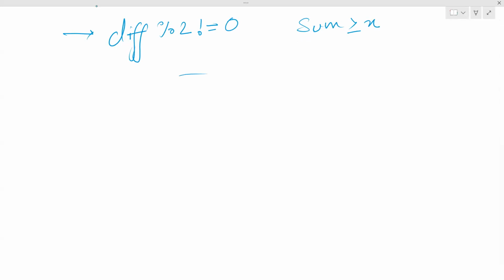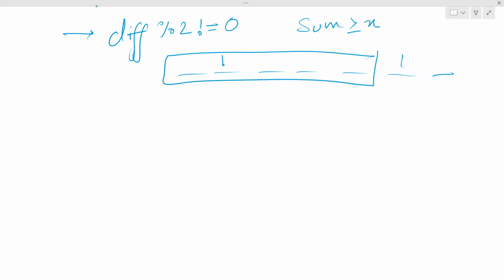So tell me one thing. For the first time, let's say 1 occurs here, and for the last time, 1 occurs here. So can you not treat this as two arrays? First array is this, and for this thing, sum minus X will act as what?